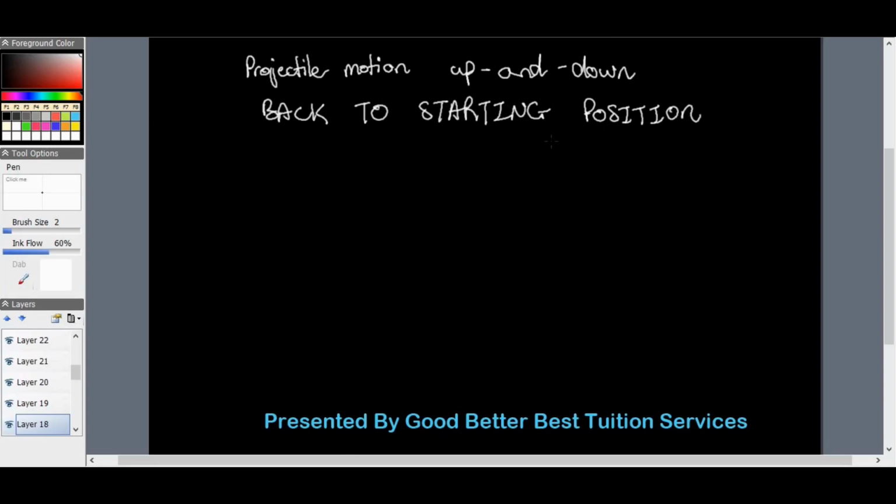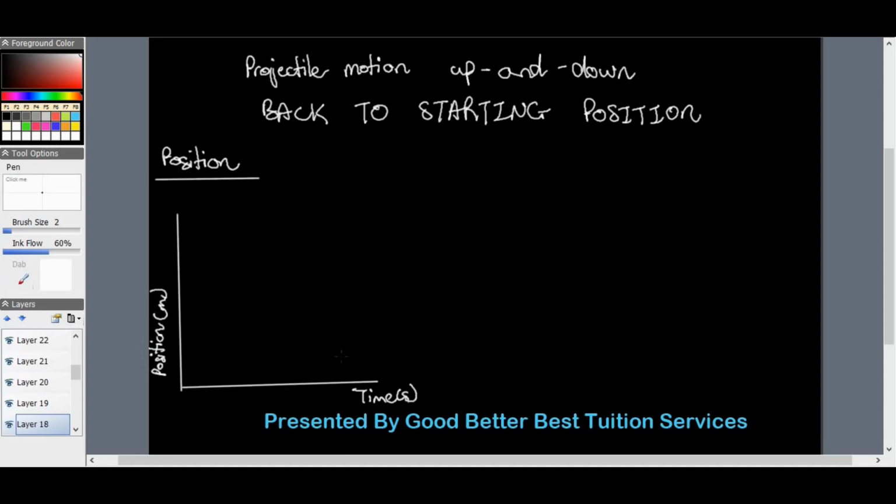Cool. So, the position time graph for this one. This one is pretty simple and standard. Remember we still have time at the bottom here, which is measured in seconds, and then of course we have position, which is in meters. Now, again, the first one is upwards as positive.